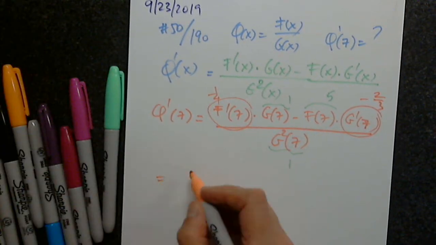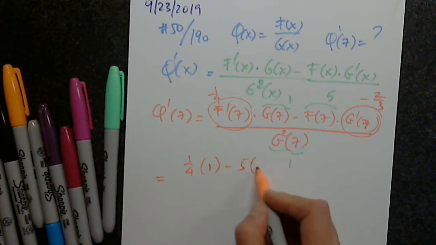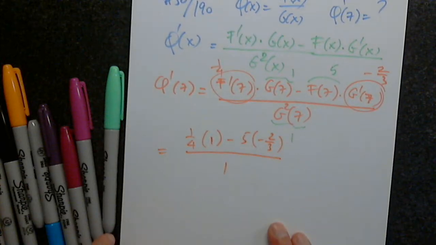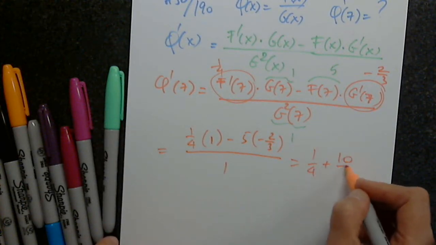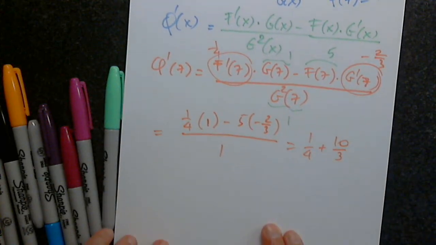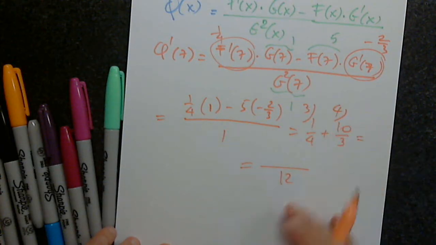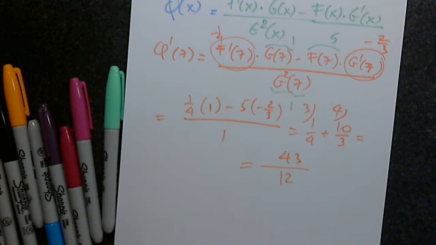Ready? So 1/4 times 1 minus 5 times negative 2/3 divided by 1 squared, which is 1. So this is 1/4 plus 10/3. The least common denominator is 12, so I need a 3 here and a 4 here. So 40 plus 3 will be 43. So that is q prime of 7.